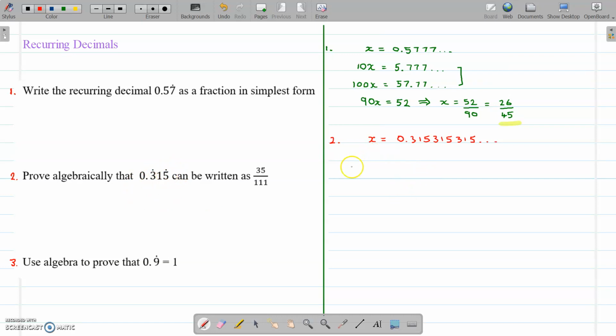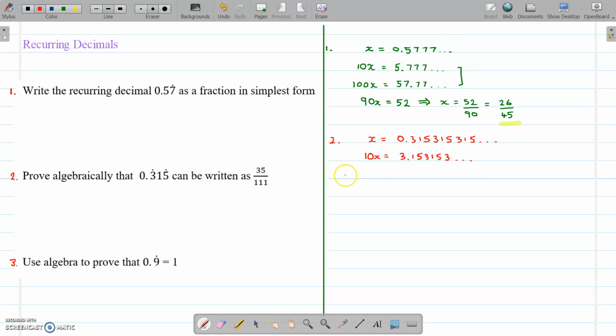Then you have 10x, and you do the same as we did before. So 10 times x is just going to be 3.15 and so on.